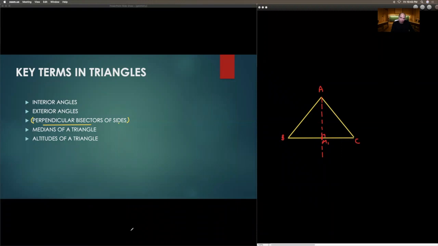Now, what you should be able to understand is that there will be three perpendicular bisectors because there are three sides and three vertices. So there will be a perpendicular bisector that can be drawn from here also, and that perpendicular bisector will look like this.